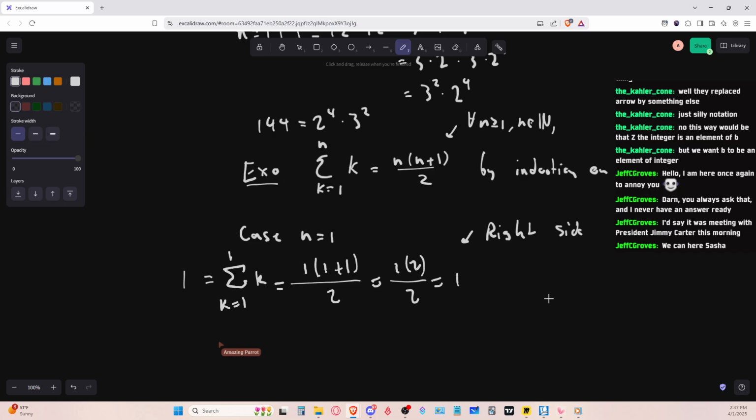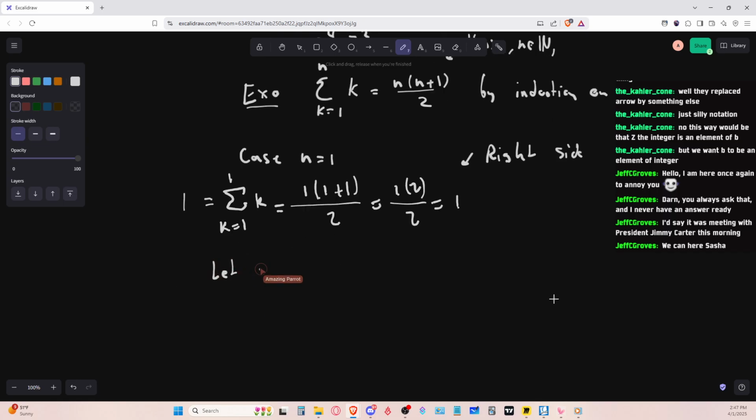inductive hypothesis. Mm-hmm. So let's assume there exists some k such that... okay, let me not call it k because it's confusing. Let's call it n, such that the theorem holds, right? Okay.